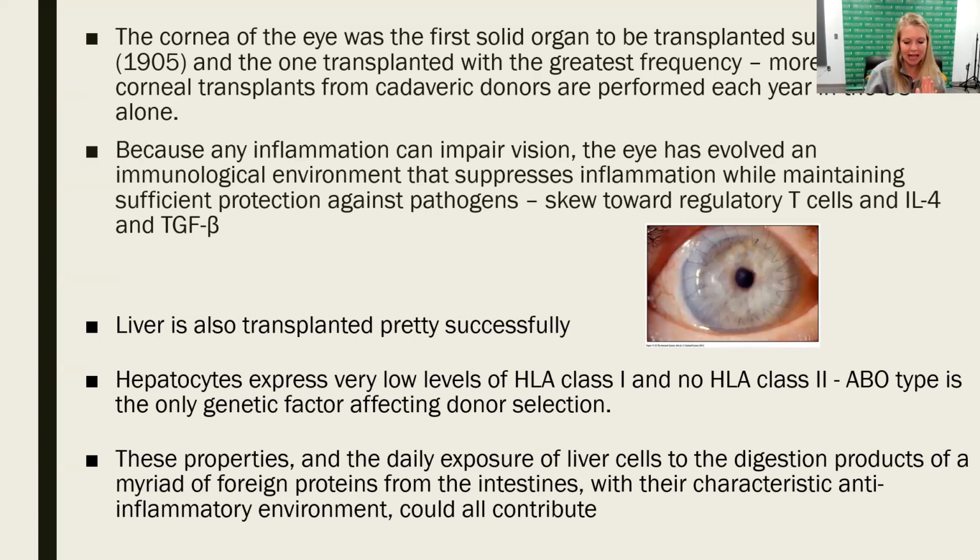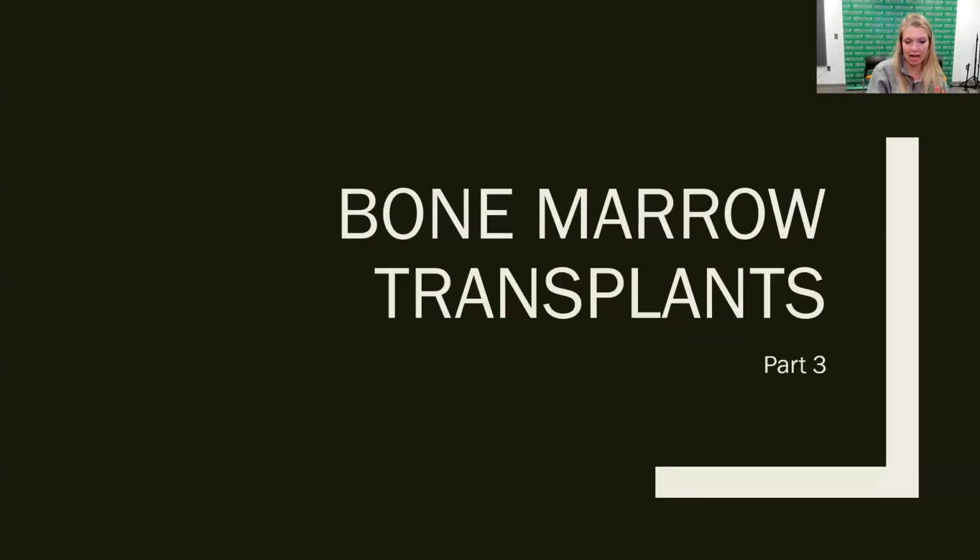Okay, our last type of graft is going to be a bone marrow transplant. This is just kind of flipping everything around the other direction. When we talk about the donor and the recipient, in a bone marrow transplant, the recipient is getting the donor's immune system.